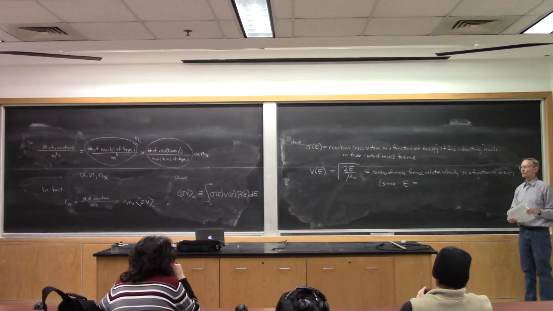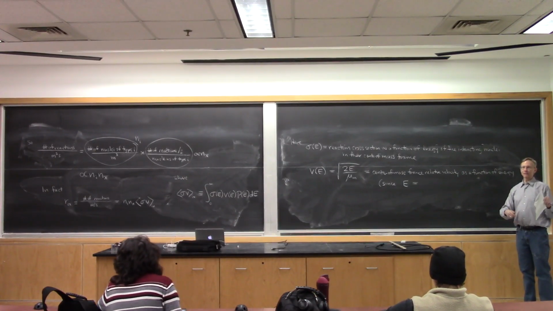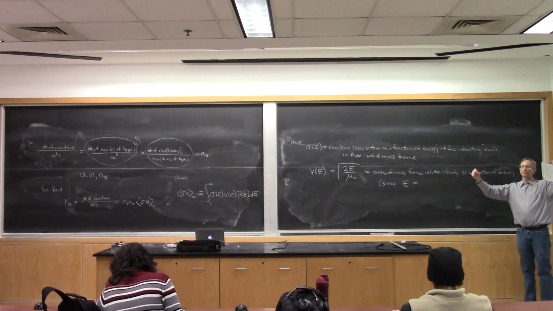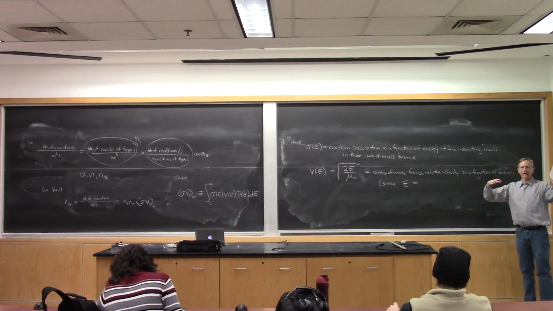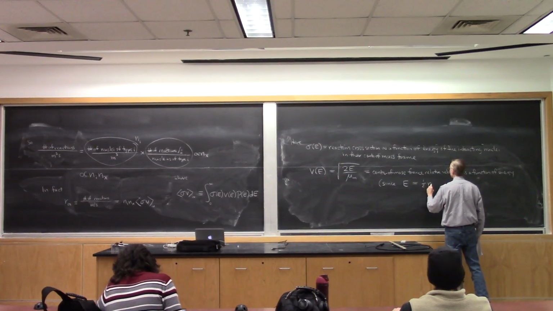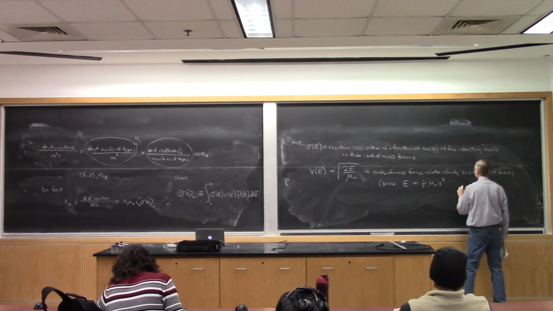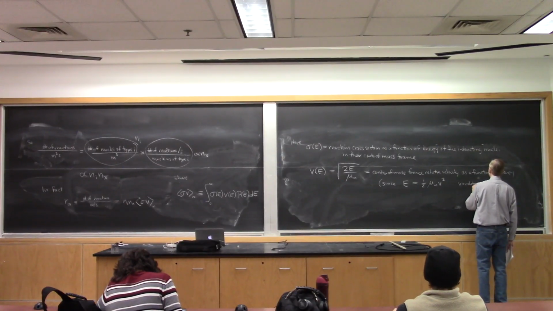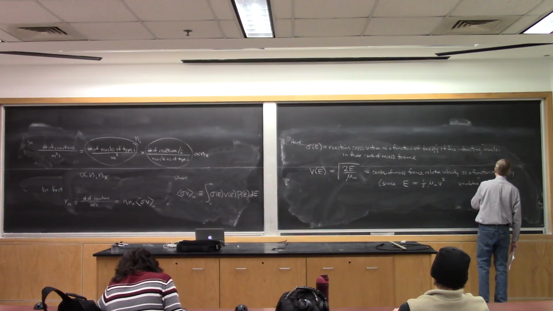Remember that we showed way back last semester that if you have two particles coming in, their total kinetic energy would be one-half m1 v1 squared plus one-half m2 v2 squared. But if you jump into the center of mass frame and use the equivalent one-body problem, then you can just write that as one-half times the reduced mass times v squared, where v is their relative velocity, how fast either one is moving with respect to the other.